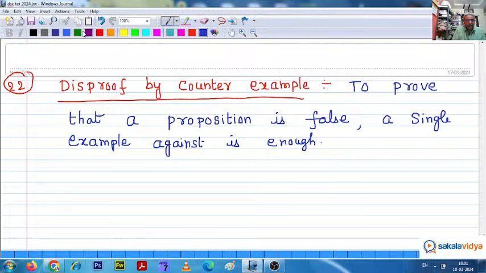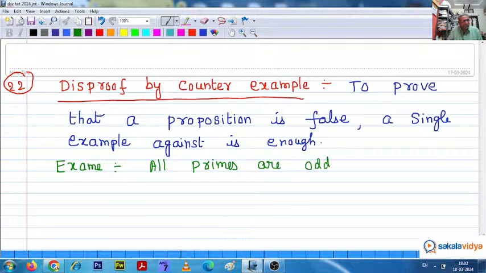So let us consider one example here. All primes are odd. Is this statement true for all cases? All primes are odd means this can be disproved by a simple example.